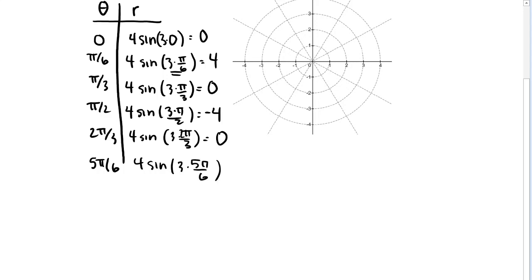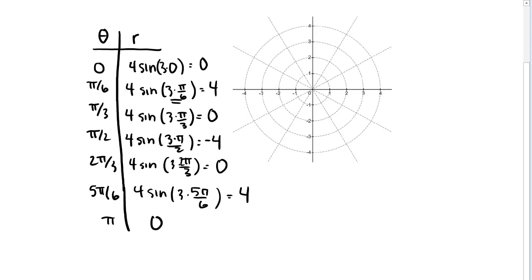Well, 3 times 5 pi over 6, that's 5 pi over 2. In other words, that's pi over 2 past 2 pi. And that gives us 1 from sine. And then we multiply that by 4 and we get 4. And we can kind of see the pattern here. We're getting 0, 4, 0, negative 4, so on and so on. So when we plug in pi, we end up back with 0.